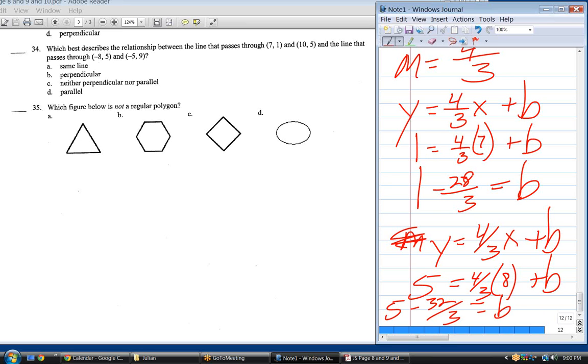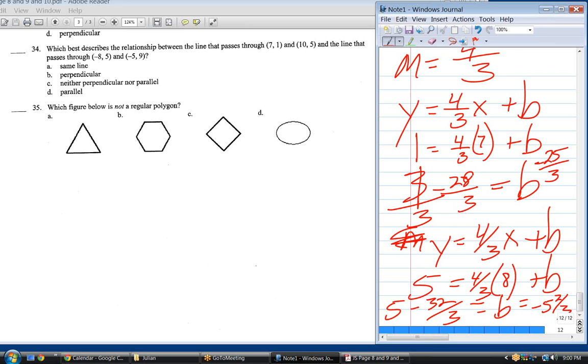Minus 32 thirds is more than 10, so this b is about minus 5 and 2 thirds. This b would be 3 thirds minus 28 thirds, that would be minus 25 thirds.